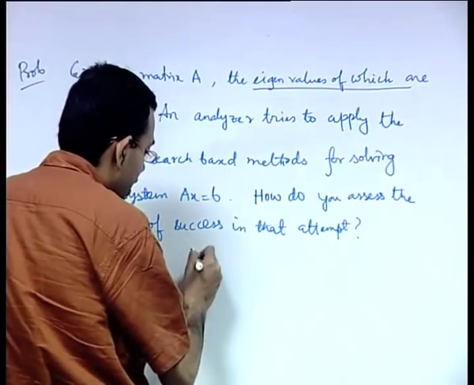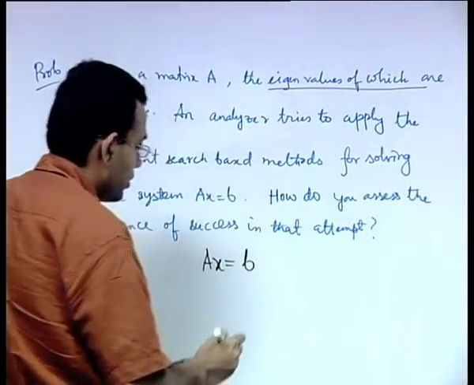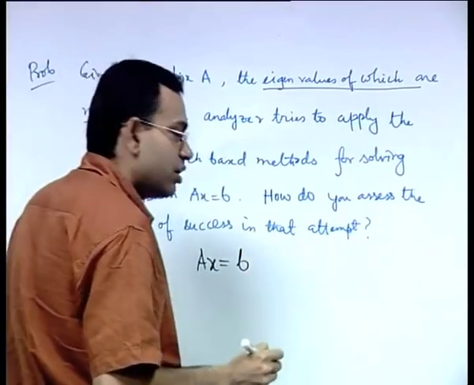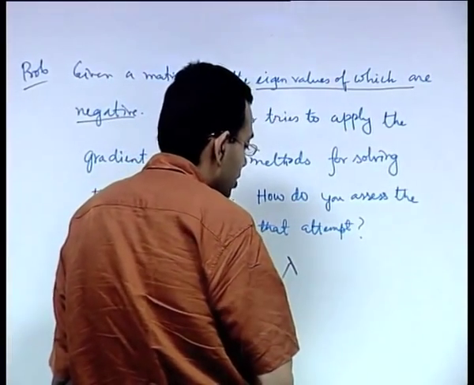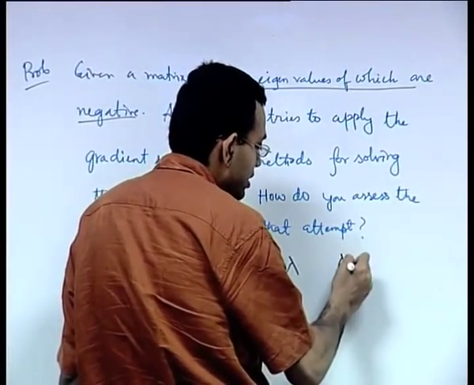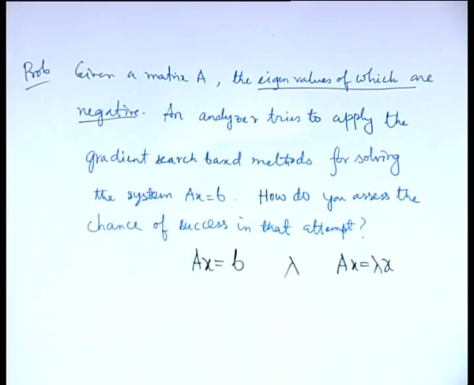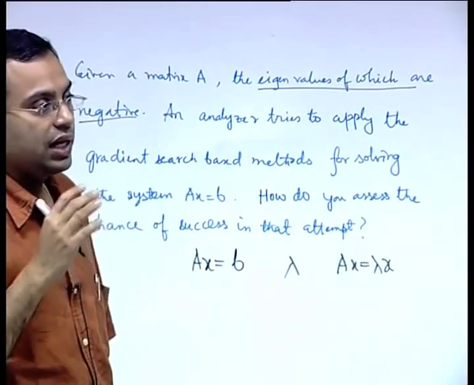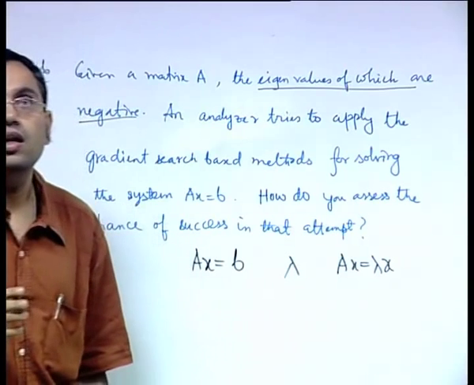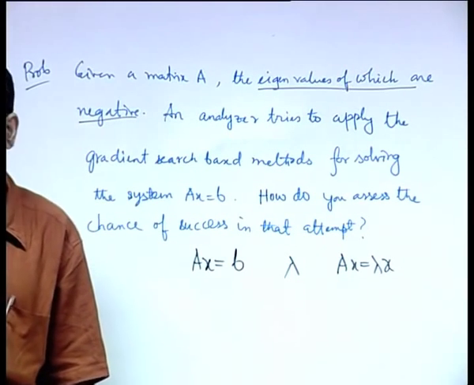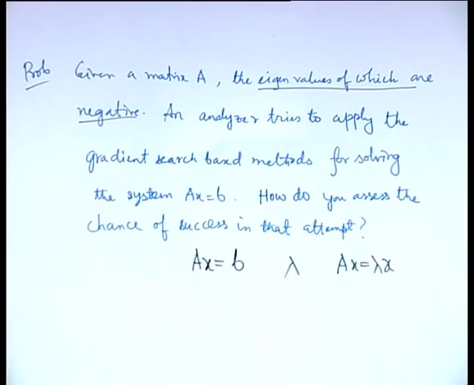So, the clue should come from this particular statement, the eigenvalues of which are negative. So, what is the consequence of a coefficient matrix which is having negative eigenvalues? So, you have Ax equal to b and the corresponding eigenvalue, if you have lambda for the matrix A, then you have Ax equal to lambda x. Now, for the gradient search based methods you have to recall that what are the basic conditions that need to be satisfied for the method to be applicable.